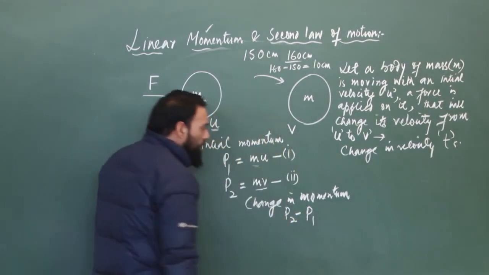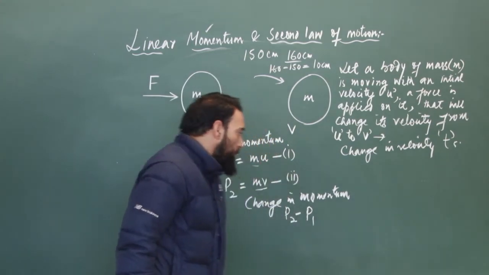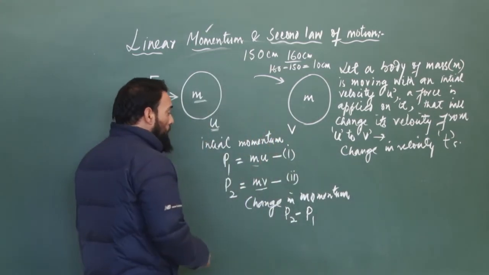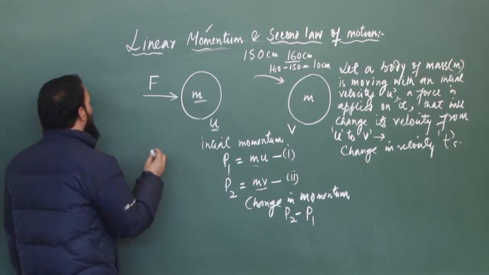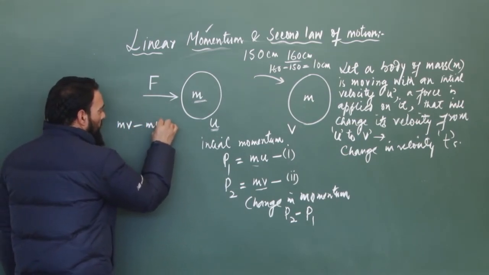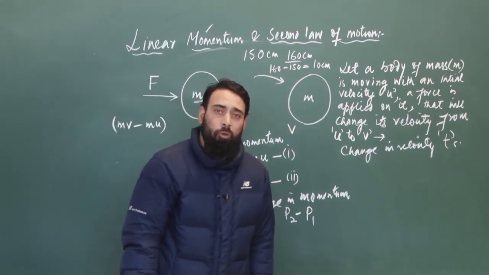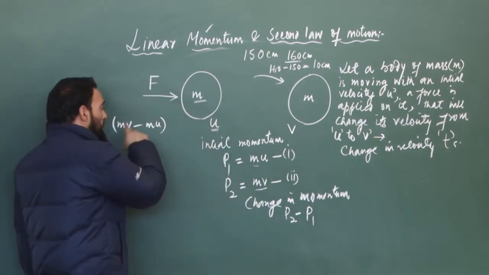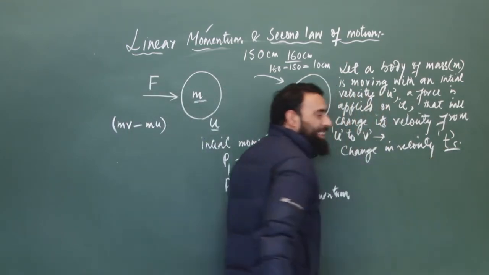The change in momentum of the body is equal to the final momentum minus initial momentum. And you know the final momentum is mv, so the change is mv minus mu. So this is the change in momentum. P2 minus P1 is equal to mv minus mu. This change takes place in time t seconds.